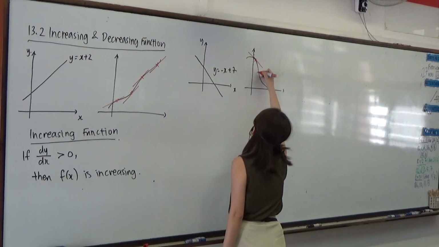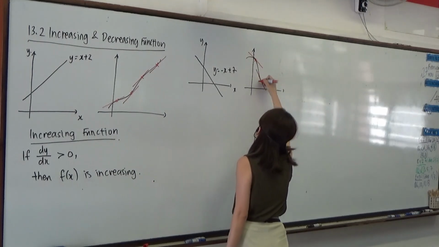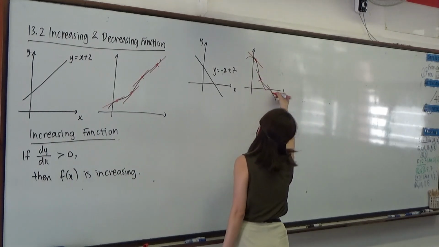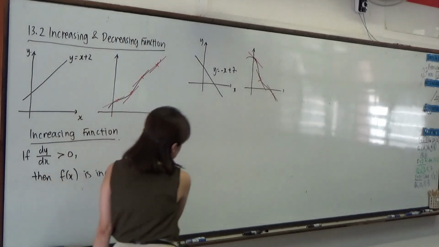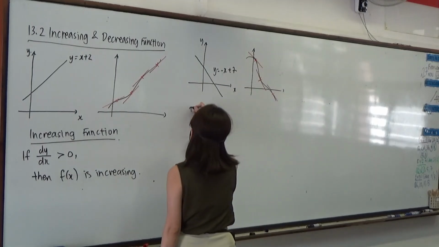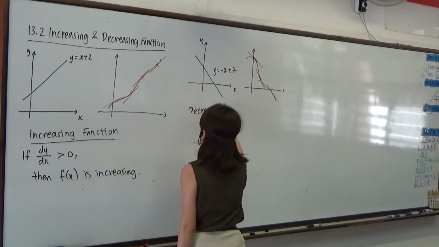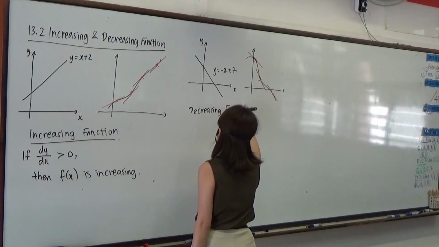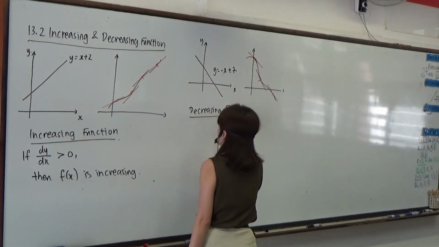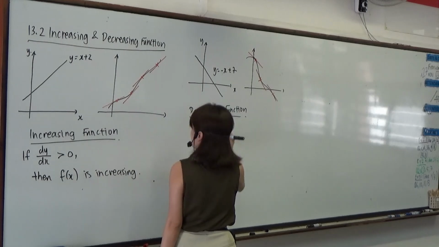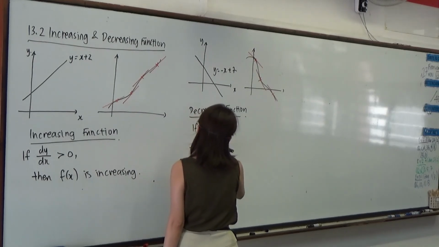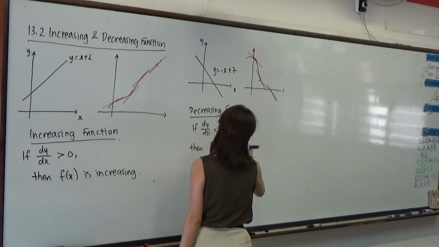Okay, for any tangent that we have drawn, it won't always be downwards sloping. In other words, for our decreasing function, we know that if dy over dx is less than 0, then f(x) is decreasing.